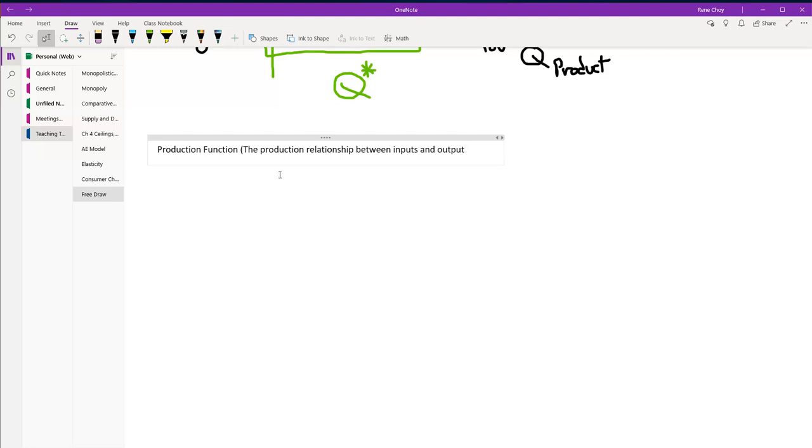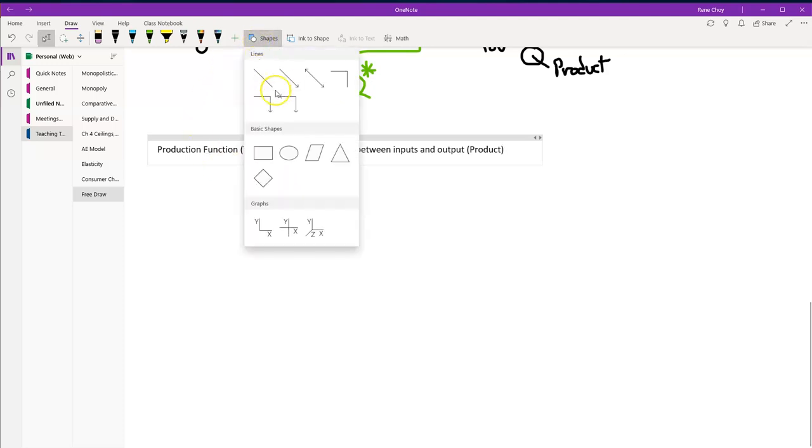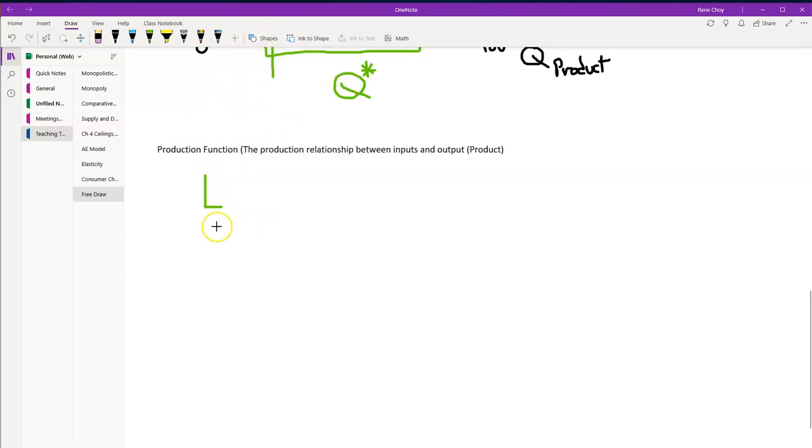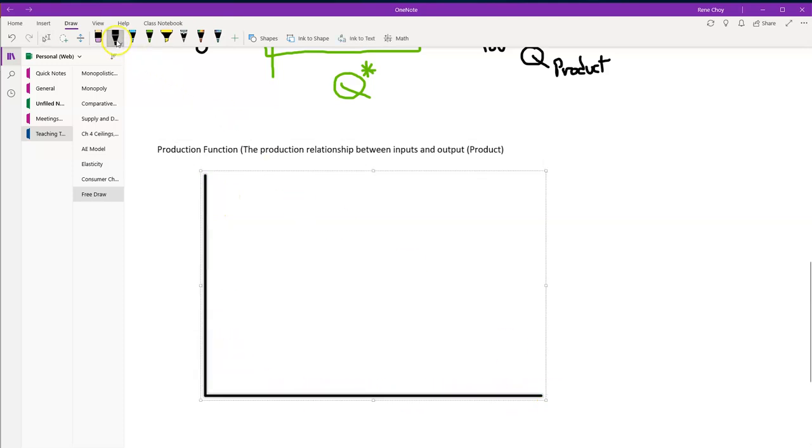Now output, we're going to be calling here product because we're talking about the production function. So the production function is a relationship between the quantity of labor and product.